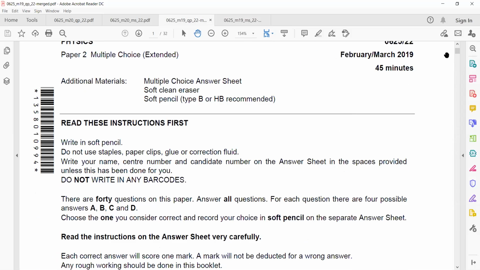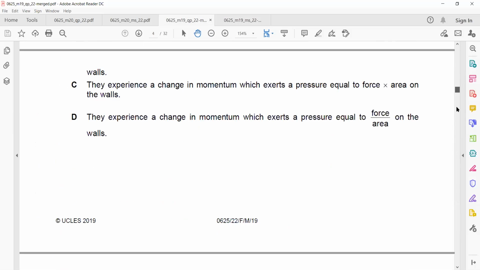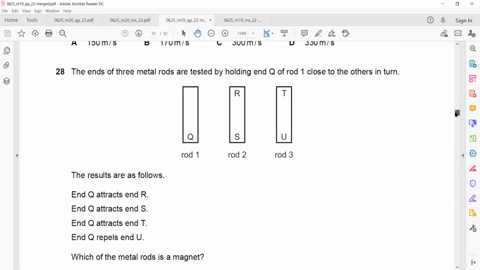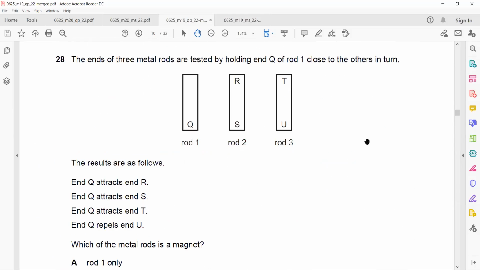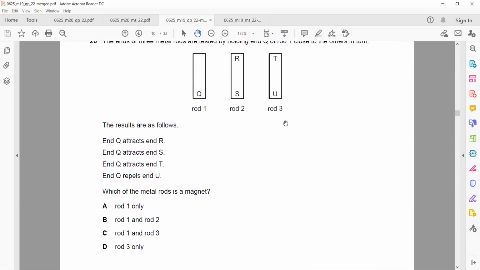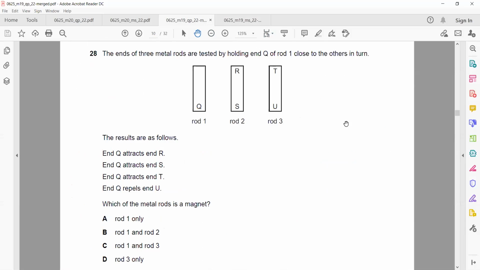This is February, March 2019, and I'll discuss electricity and magnetism questions with you. Question 28. The ends of three metal rods are tested by holding end Q of a rod close to other ends.